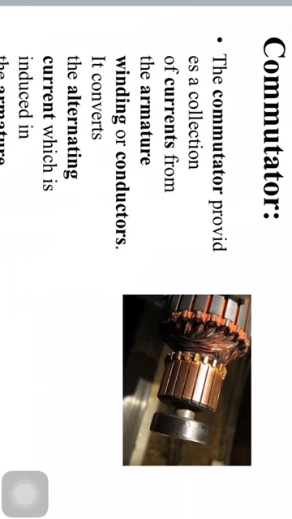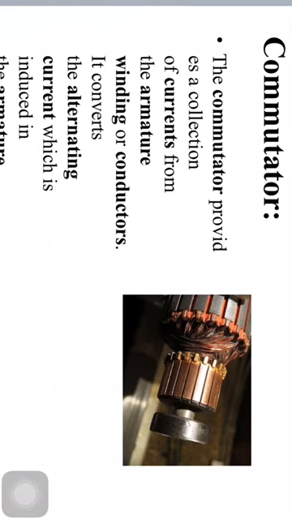Brushes are usually made from carbon or graphite; afterwards we'll see the brushes. So the commutator provides collection of current from the armature winding or conductors.